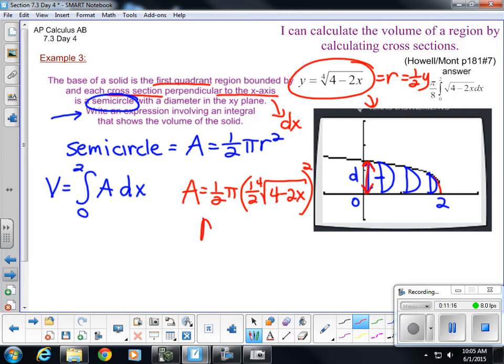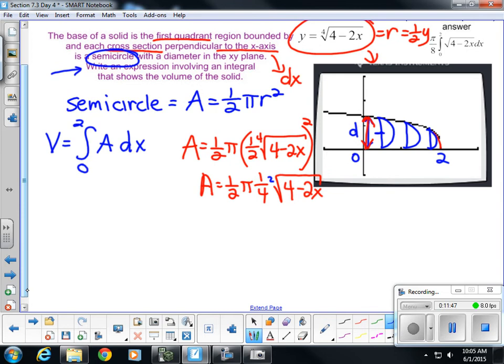So our area equals 1/2 of pi. 1/2 squared is 1/4, and if we square a 4th root, remember we have power over root. We actually get a square root function, 4 minus 2x. Remember, we don't really write the 2 in there, but that is a 2, because power over root means you have 4 minus 2x to the 1/2.